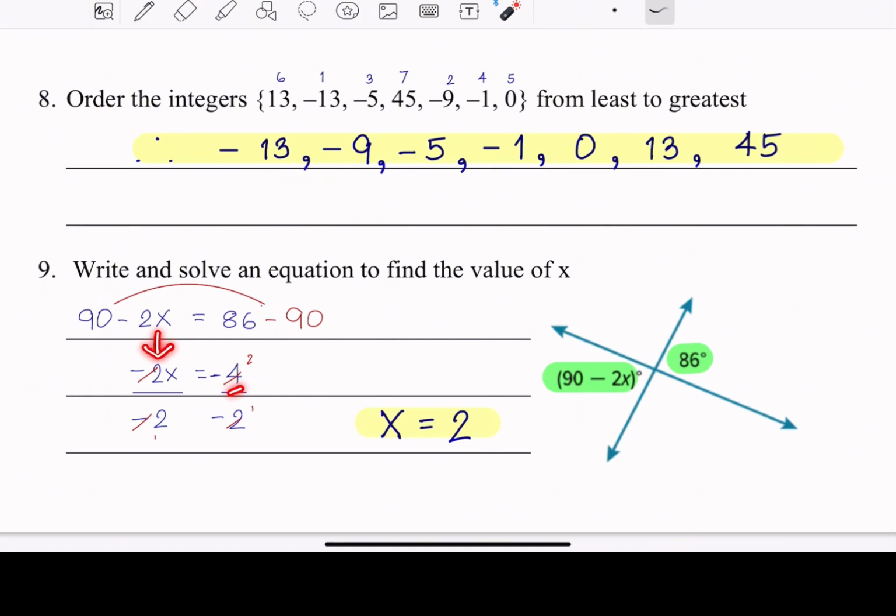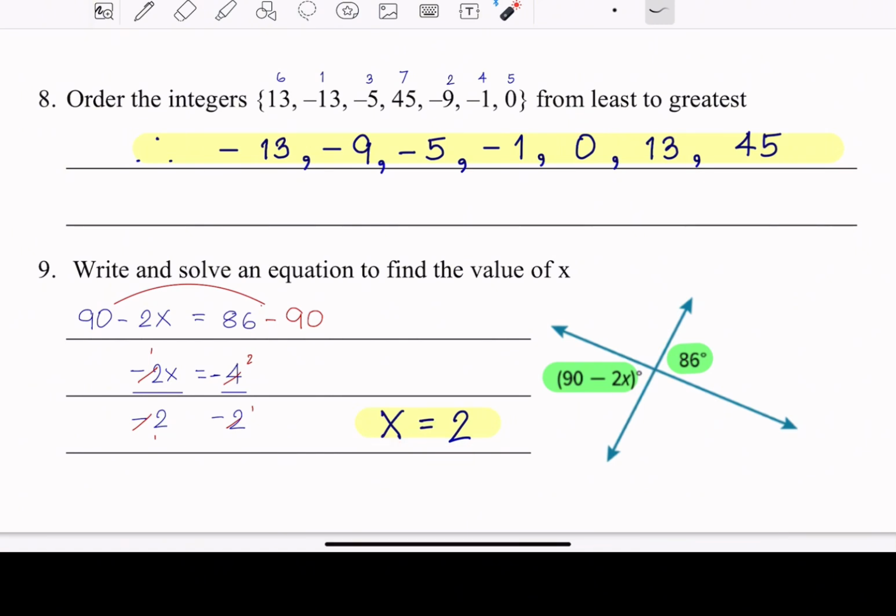Then we have to remove negative 2 because we only need x. So we divide by negative 2 and negative 2 on the other side too. Cut or simplify it. Negative 4 divided by negative 2 is positive 2. Therefore, we can say that x is equal to 2.